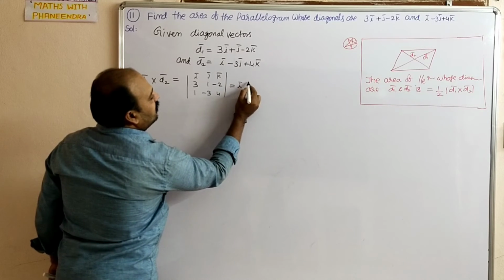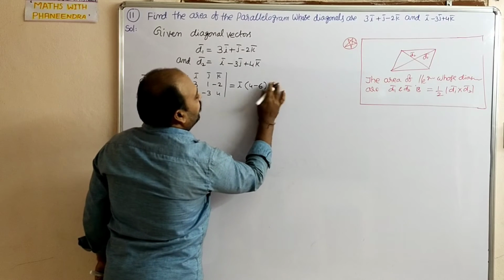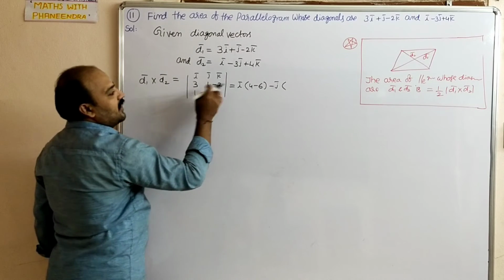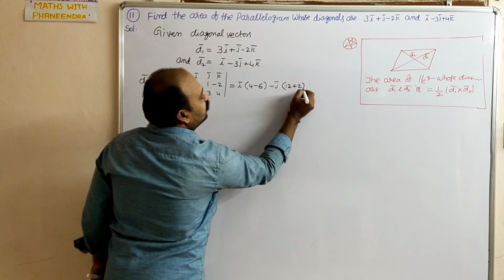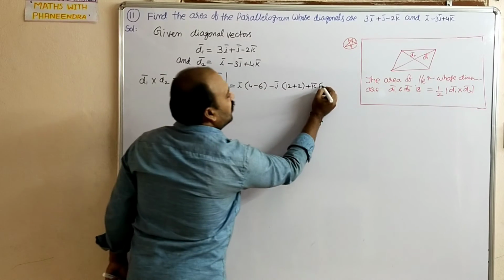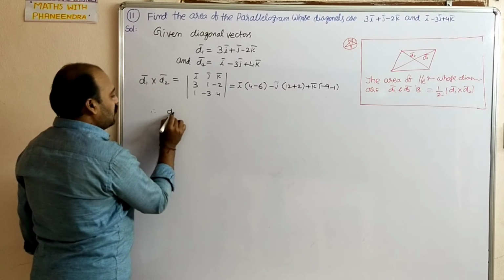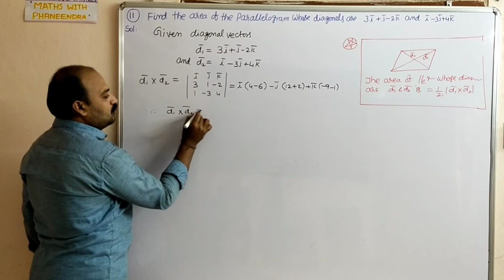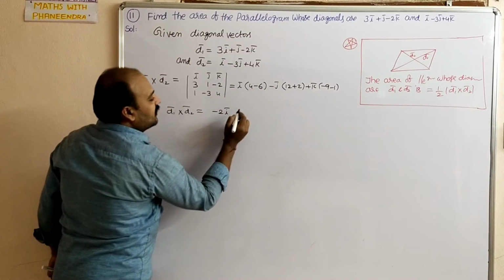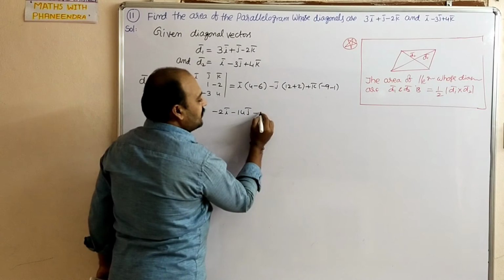So now expand i bar into 4 minus 6, minus j bar into 12 minus of minus 2, 12 plus 2, plus k bar into minus 9 minus 1. So D1 bar cross D2 bar equal to minus 2i, minus 14j, minus 9 minus 1, minus 10k.